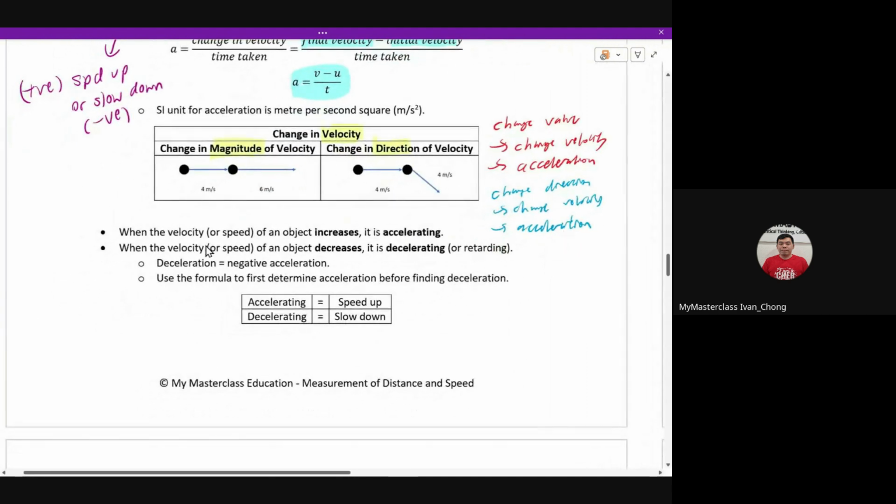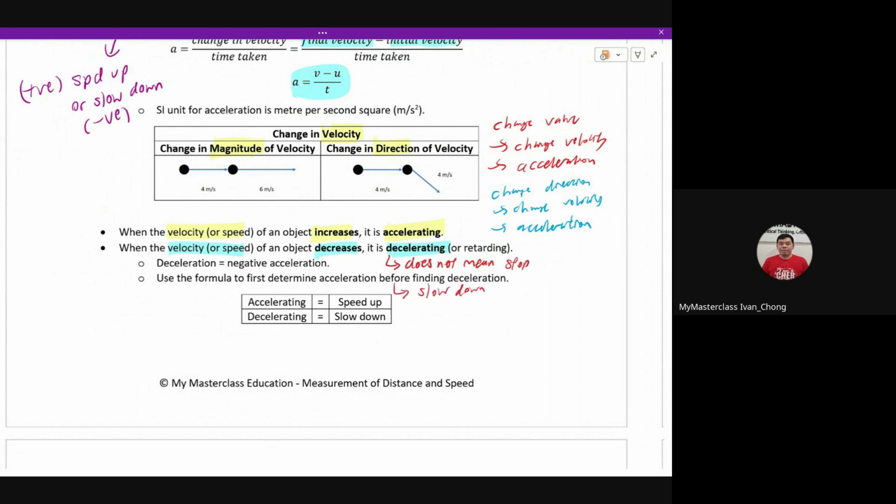All right. So if my speed increases, like I said just now, if you are positive, speed increases, you will accelerate. On the other hand, if your speed decreases, we will decelerate. Now, decelerate itself doesn't mean stop. It means slow down.